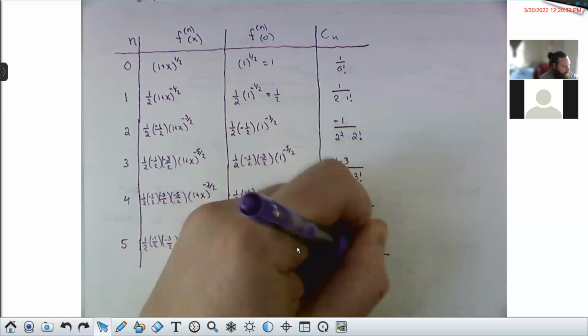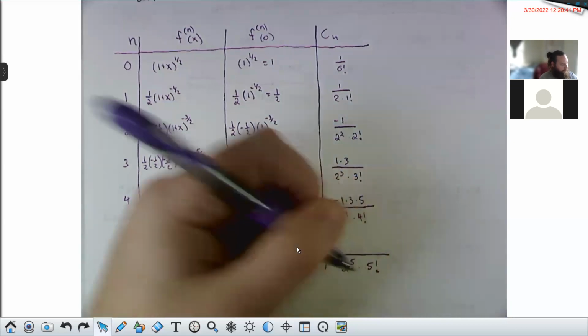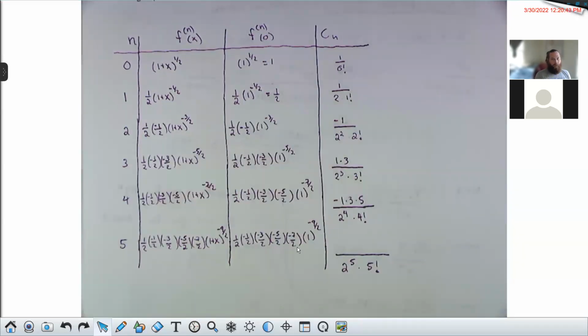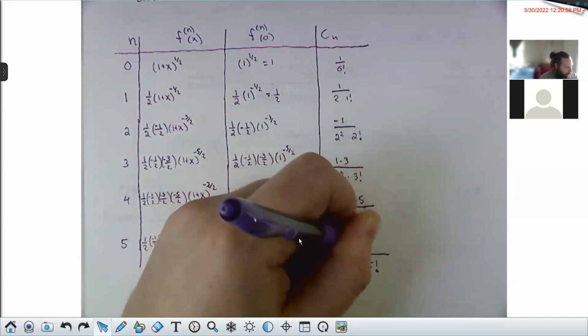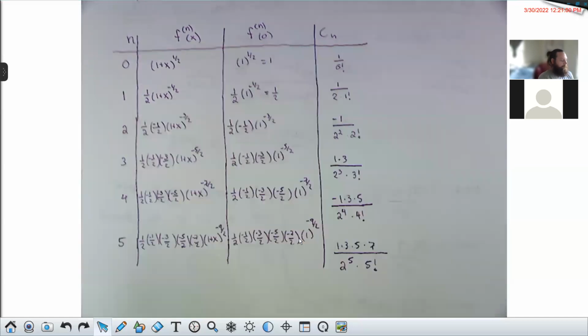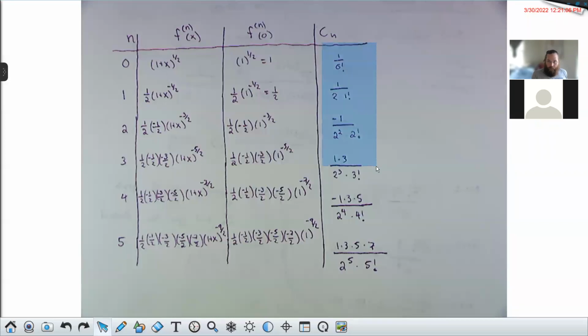And then the 5 factorial from the formula. Upstairs, I have 1 times -1 times -3 times -5 times -7. So that's 1, 2, 3, 4 negatives, so it's going to be positive: 1 times 3 times 5 times 7. We're going to stop here and ask for patterns.